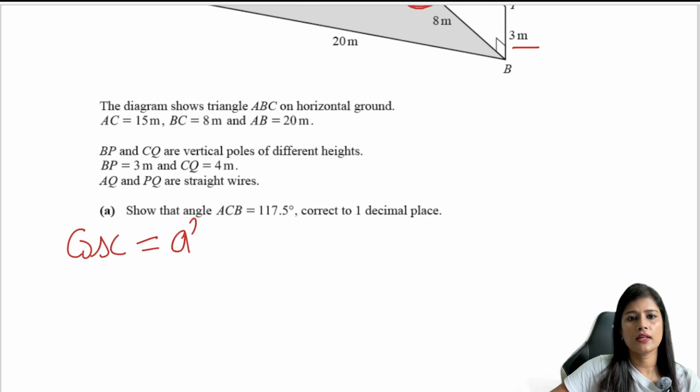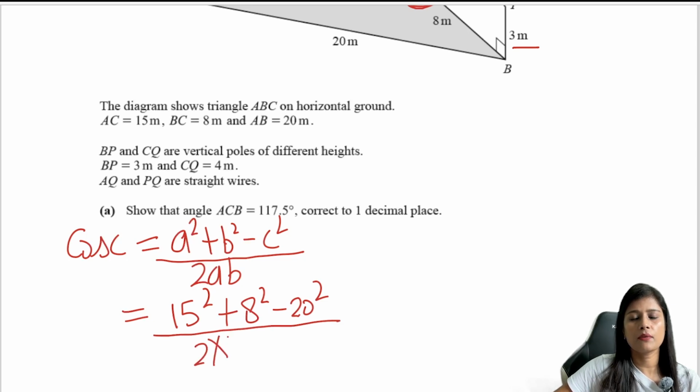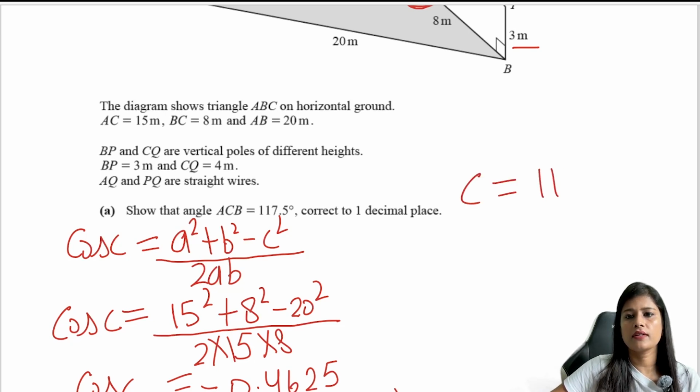Cos C is (a square plus b square minus c square) over 2ab. a is 15 square, plus 8 square, minus c is 20 square, divided by 2 times 15 times 8. Cos C is negative 0.4625. So C will be cos inverse of negative 0.4625. So the value of C will be 117.5 degree.